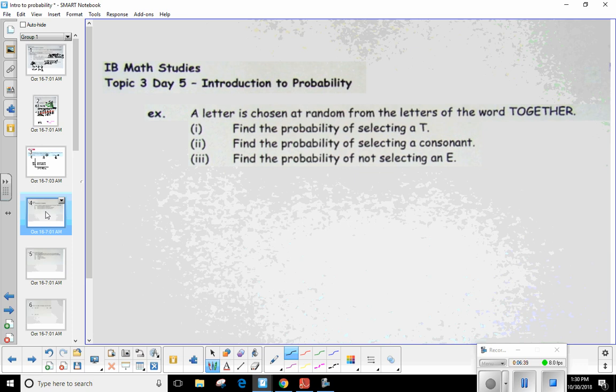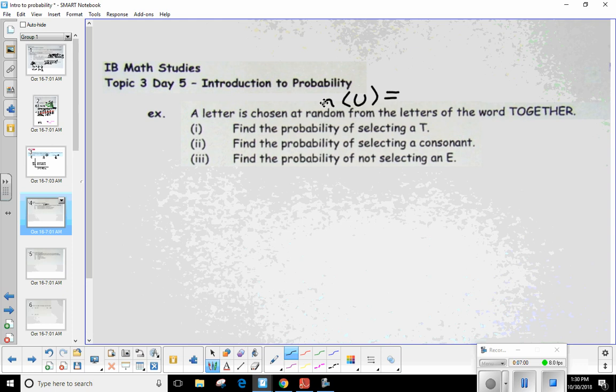Now we're back on your notes. It says a letter is chosen at random from the letters of the word together. Find the probability of selecting a T. Well, let's start with this. How many possibilities or outcomes are in my universe? Yeah, because there's 8 letters in the word together.